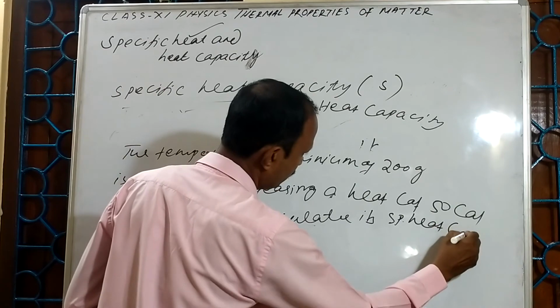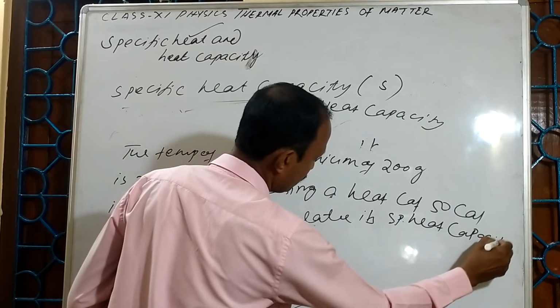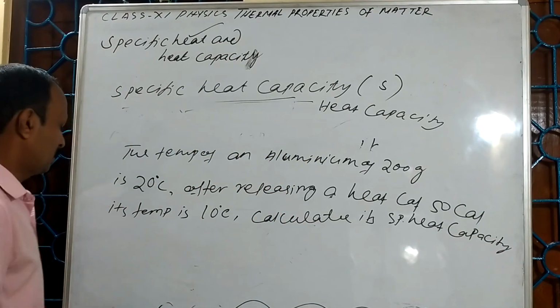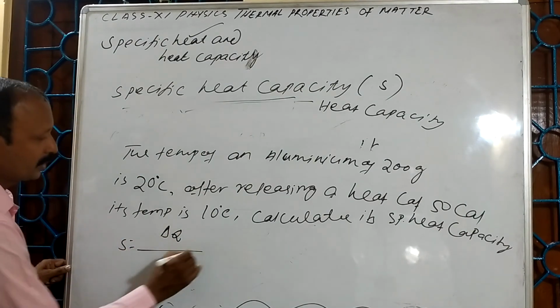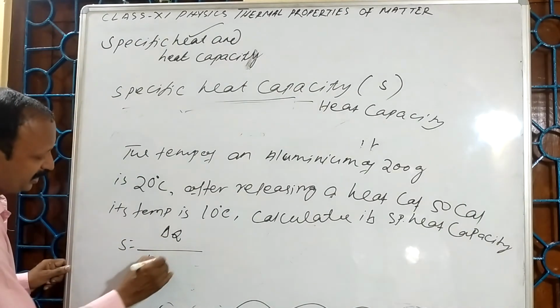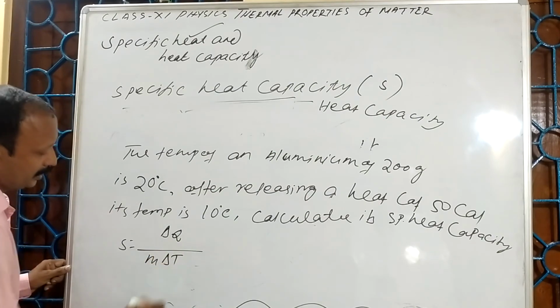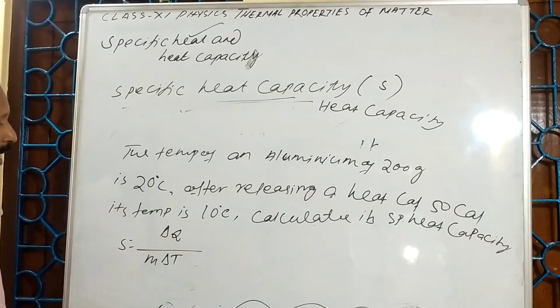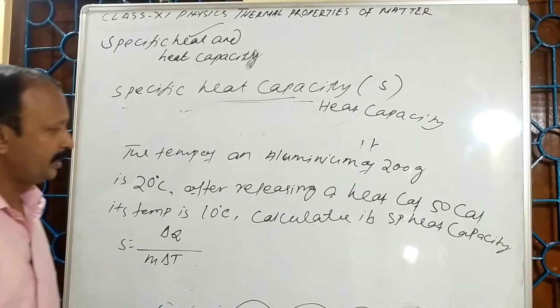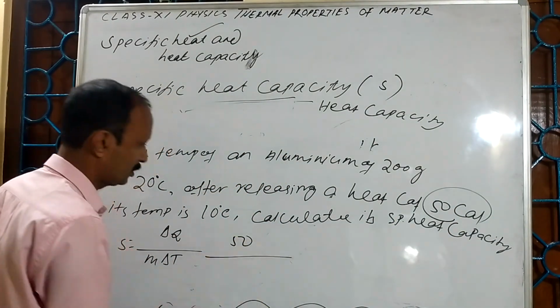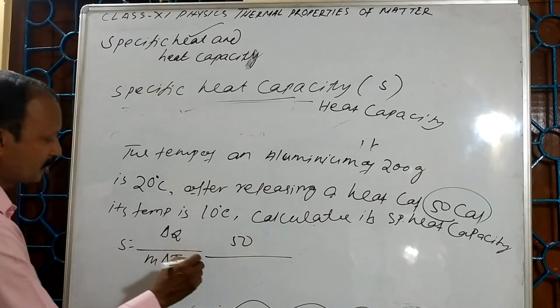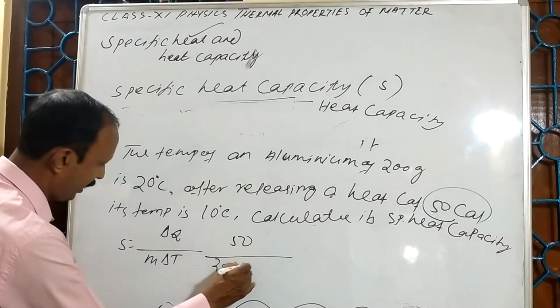Calculate the specific heat capacity. So specific heat capacity, what formula do I use? Delta Q upon m into delta T. Delta Q is the heat supplied. Heat supplied is given here, 50 calories. Mass of the substance, how much is taken? 200.